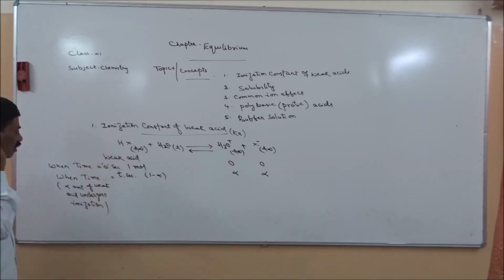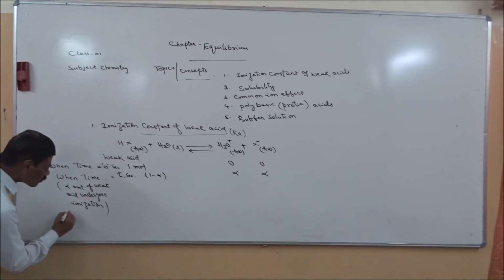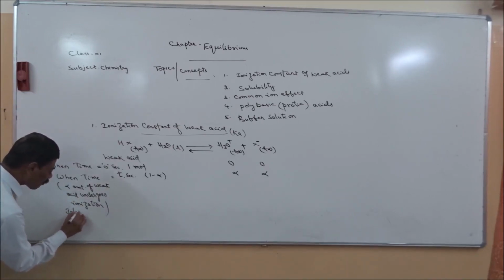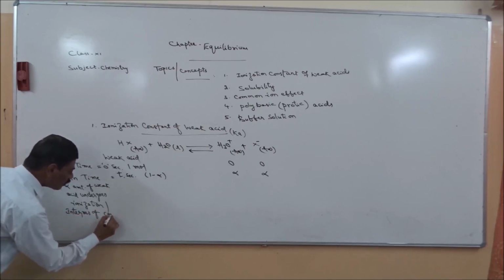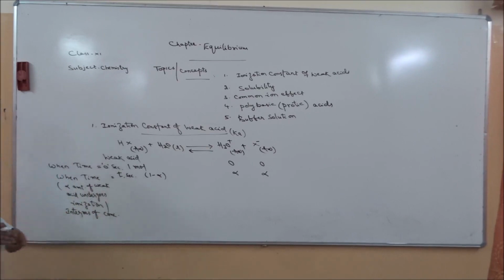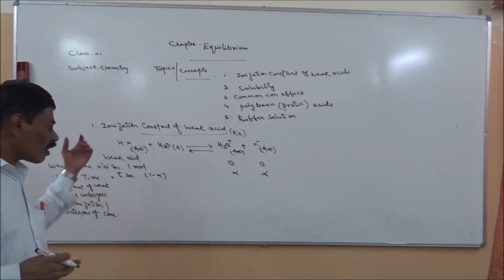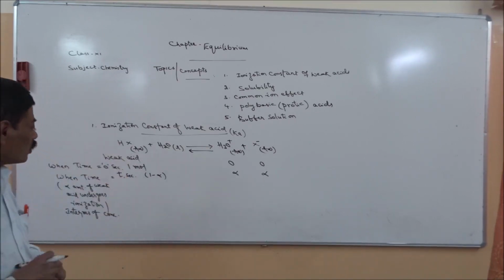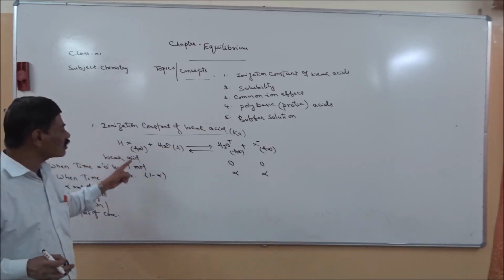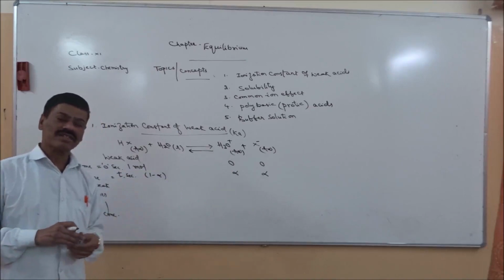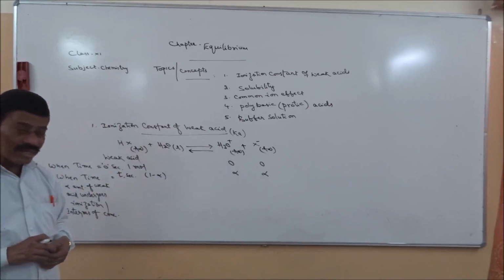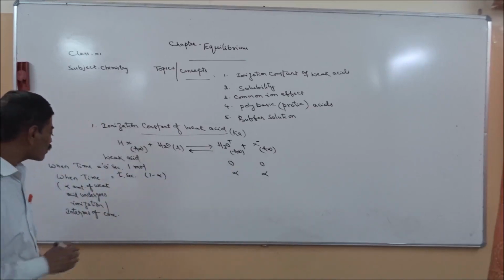Now, when we are required to write in terms of concentration, then whatever amount of weak acid, hydronium ion and negatively charged ions are there, they are multiplied by C, C for concentration.